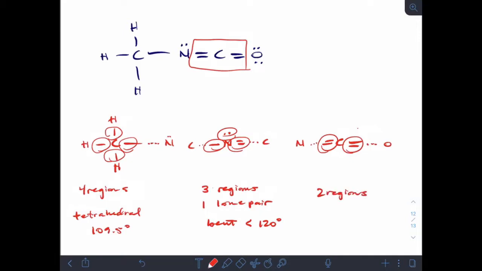No lone pairs, so it's linear with 180 degree bond angles. Okay, so you can piece out larger molecules and determine the shapes around each central atom that you have.